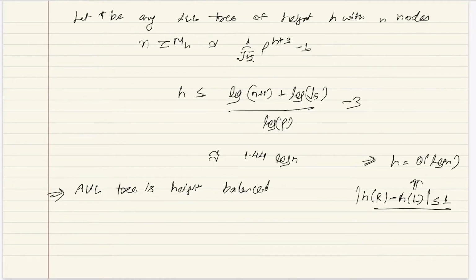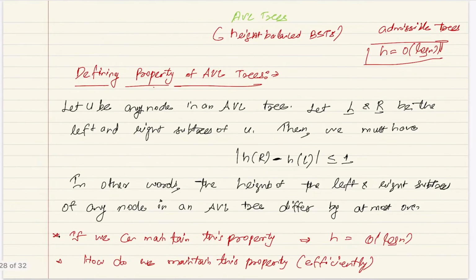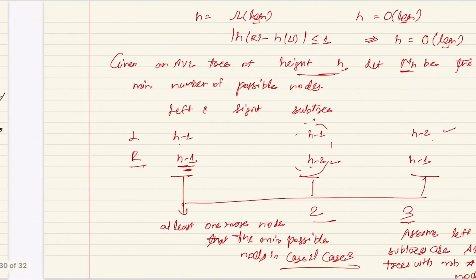So this becomes close to a Fibonacci tree. So now that we are done with the first thing, right? If we can maintain this property, then height is order log n. And now the next question is, how do we maintain this property efficiently while doing the operations?